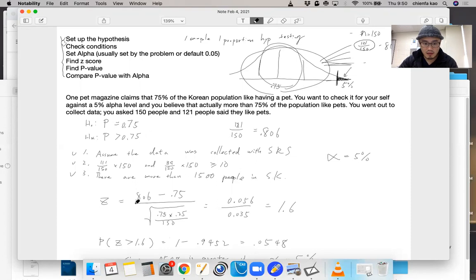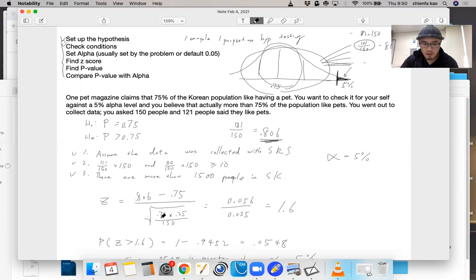Okay, so we do our math. Our original assumption is 0.75, and your sample proportion is 0.806. I don't know where it is yet, so we'll check. Now, this one is the one that tricks students. You know the sample size is 150.